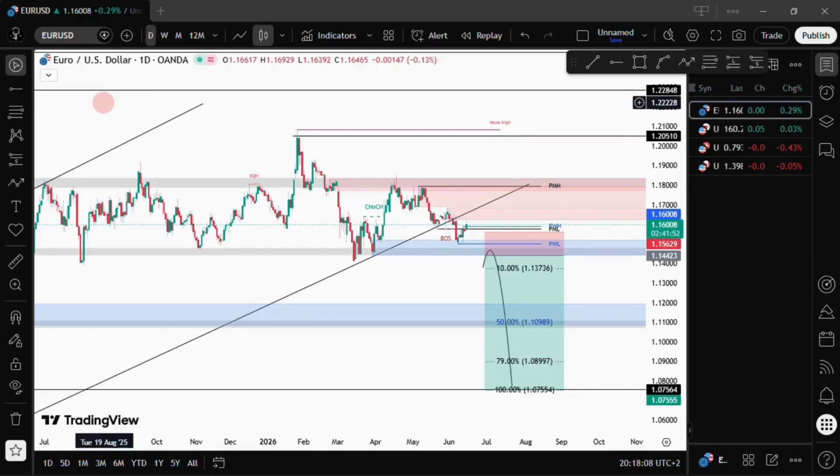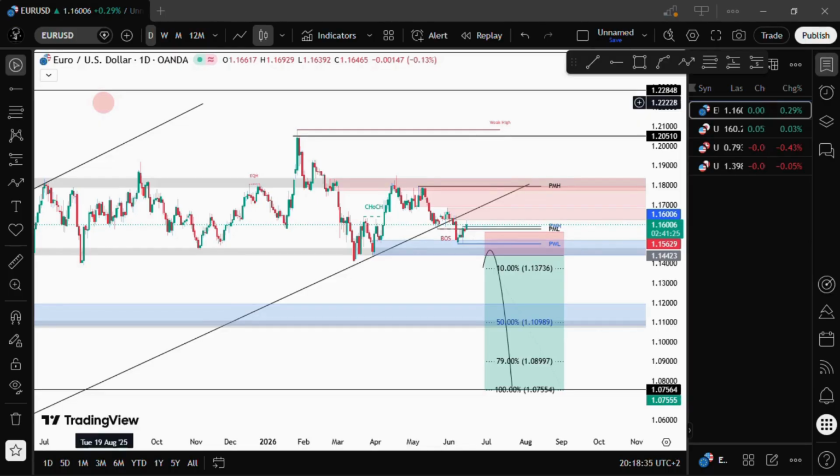I move it towards the 79% because I am now locking my profits, and when price retests again towards the upside from this level right here towards the 50, that's where I'm going to place my stop loss, guys, at 50%, because once price reaches here, it is either going towards the take profit or going up.